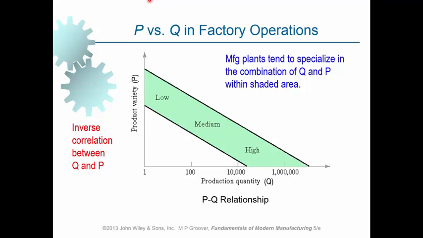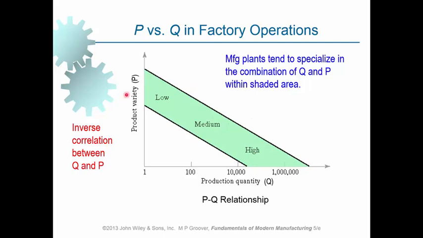Well, as we can see, manufacturing plants are specialized in a way that they can produce different types of parts and different quantity of parts in a way that the production variety and quantity lies somewhere within the shaded region right here.